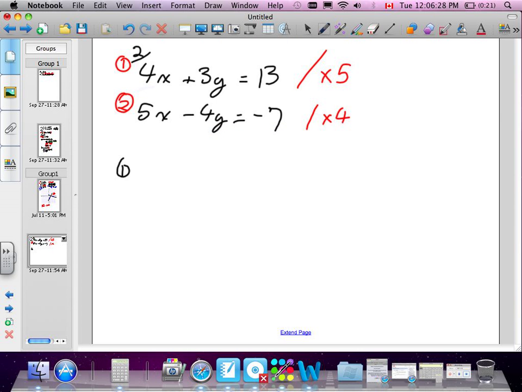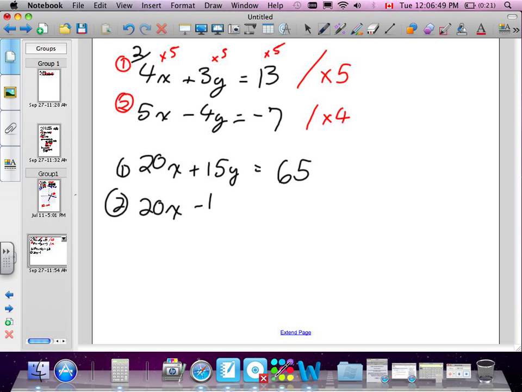So equation 1 will become, remember we're multiplying everything by 5, 20x plus 15y is equal to 65. Equation 2 will become 20x minus 16y is equal to -28.